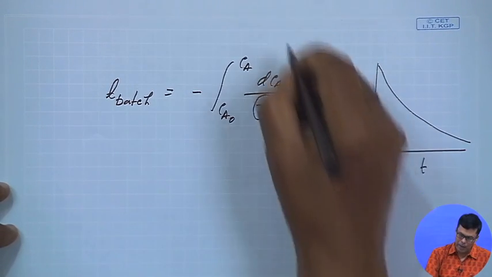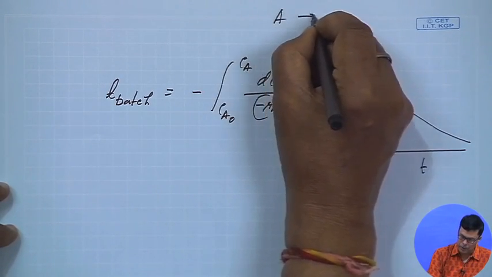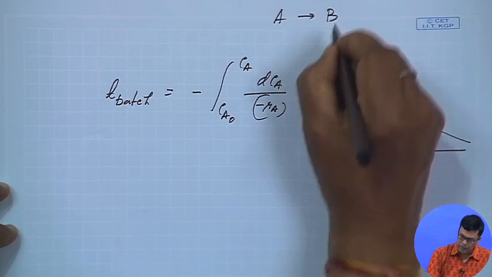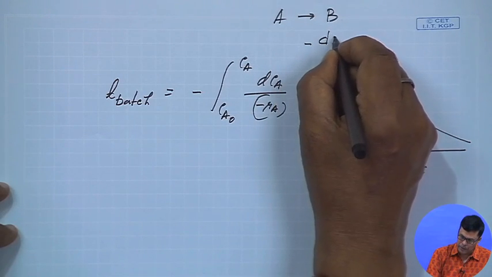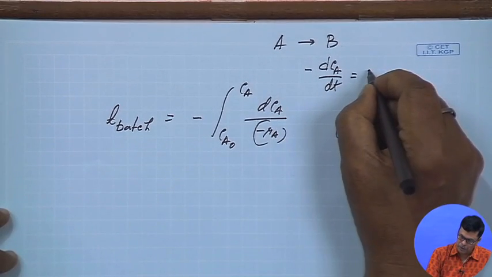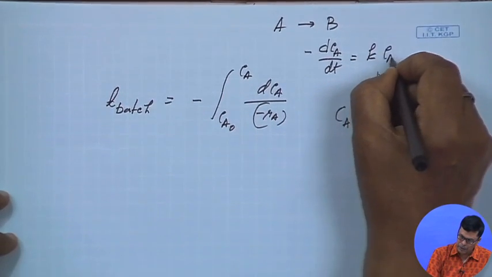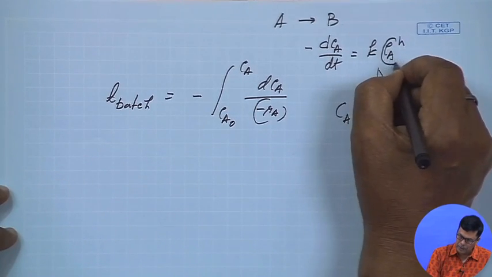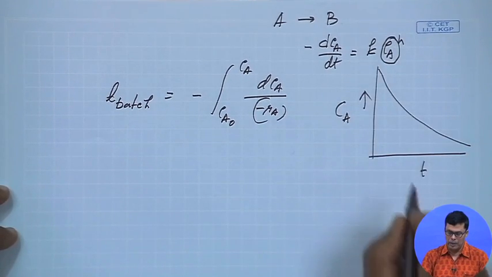Now, we have seen when A is converted to B, what is the rate of reaction? It is K into Ca to the power n. That means it depends on the concentration of A, Ca.